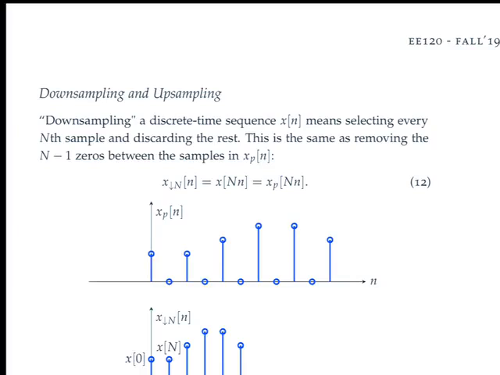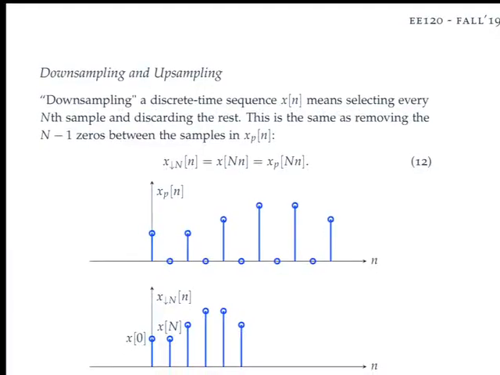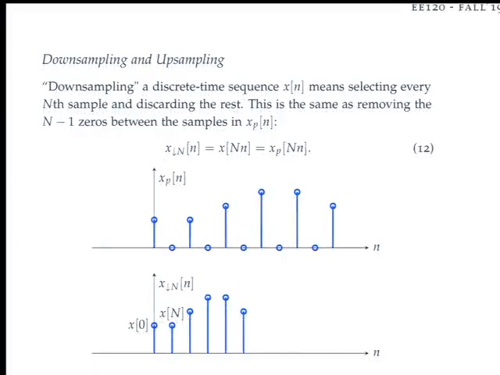and discard the rest. So the picture at the bottom is what that means, right? The values 1 to n minus 1 are gone. You've only kept x of 0, x of n, x of 2n, etc. All right? And the figure at the top contrasts this to the impulse train sampling that we discussed, where we had kept zeros in the middle.